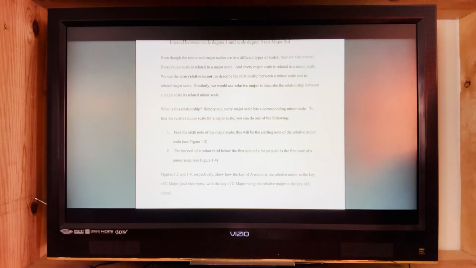They're relatives. They share the same notes. You just start 3 notes below, and that gives you the minor third. In C, you go down to A, B, C. That's a minor third. So the scales can share the same notes, and that's why they're called relative minors.